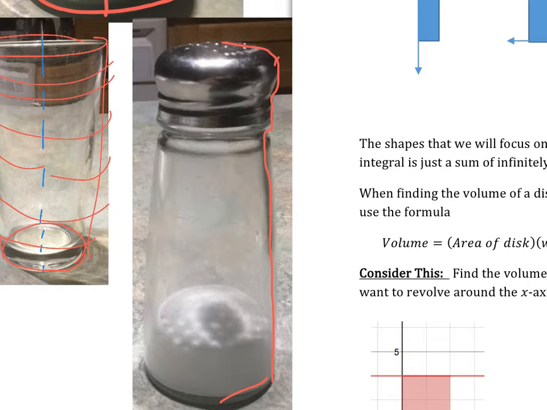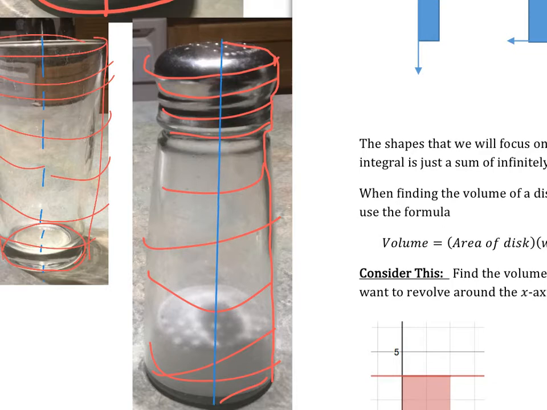But if we take this little squiggly shape and rotate it around, spin it around an axis, the center, think of a center line here, then we'd get this shape.